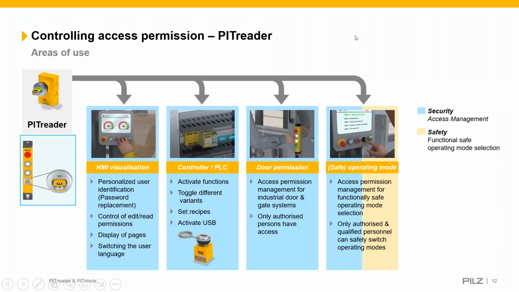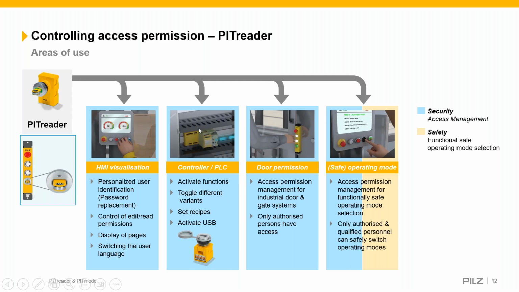So controlling access permissions with the PIP reader, what this allows, and the various areas of use, is it allows you HMI visualization, so personalized user identification, so it's a password replacement, so you no longer need a password for your HMI. You can control, edit, read permissions, you can display pages, and the user has the option of switching languages, for instance.